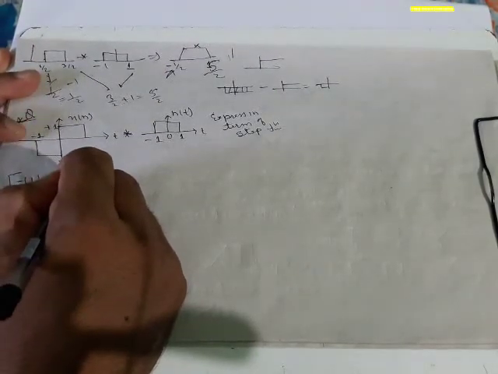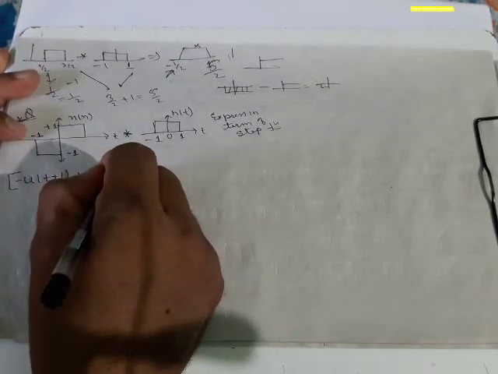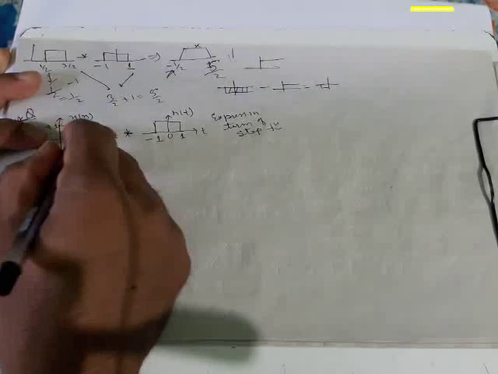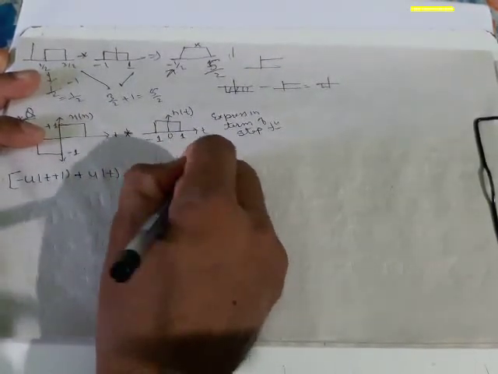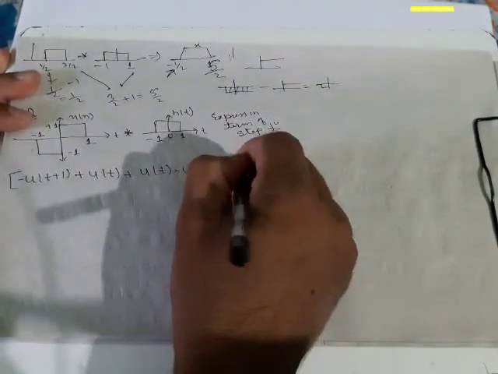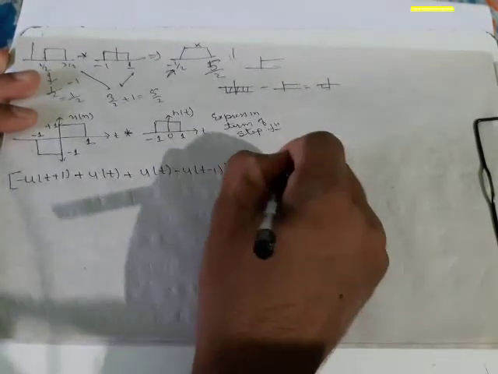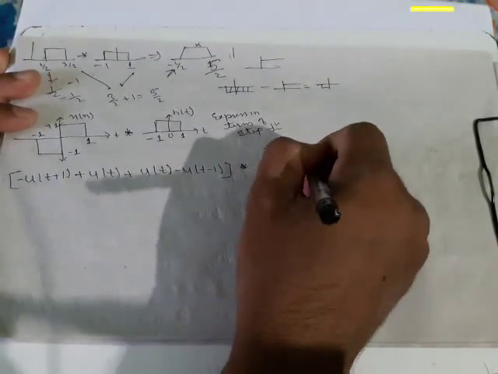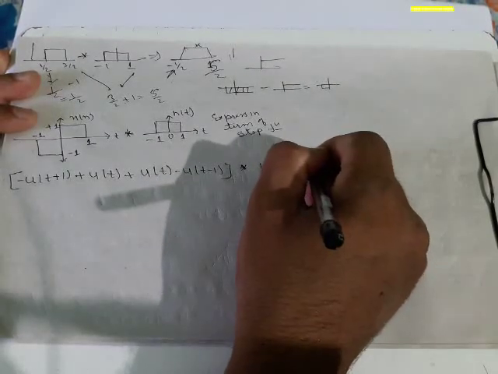So this will cancel out. There is nothing but minus r of t plus 2, plus 2 of r of t plus 1, minus 2 of r of t minus 1, plus r of t minus 2. Okay, minus r of t plus 2 r of t plus 1 minus 2 r of t minus 1. So this is expressed in terms of ramp functions.